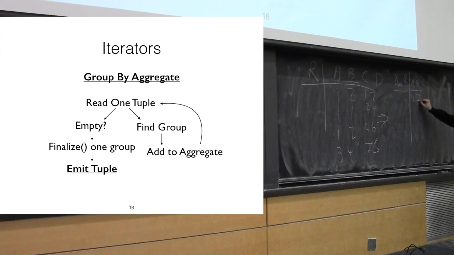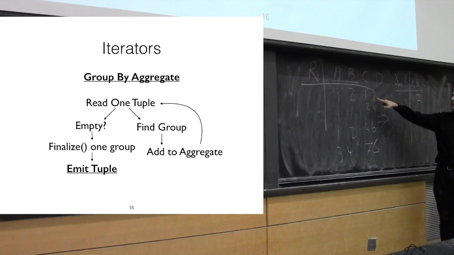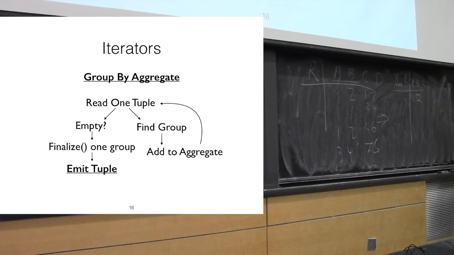Okay, 1, 2. I'm computing 2 aggregates. The count. What do I do with the count? So the count is 1, and the sum, I also add that in. And I'll just repeat this process.